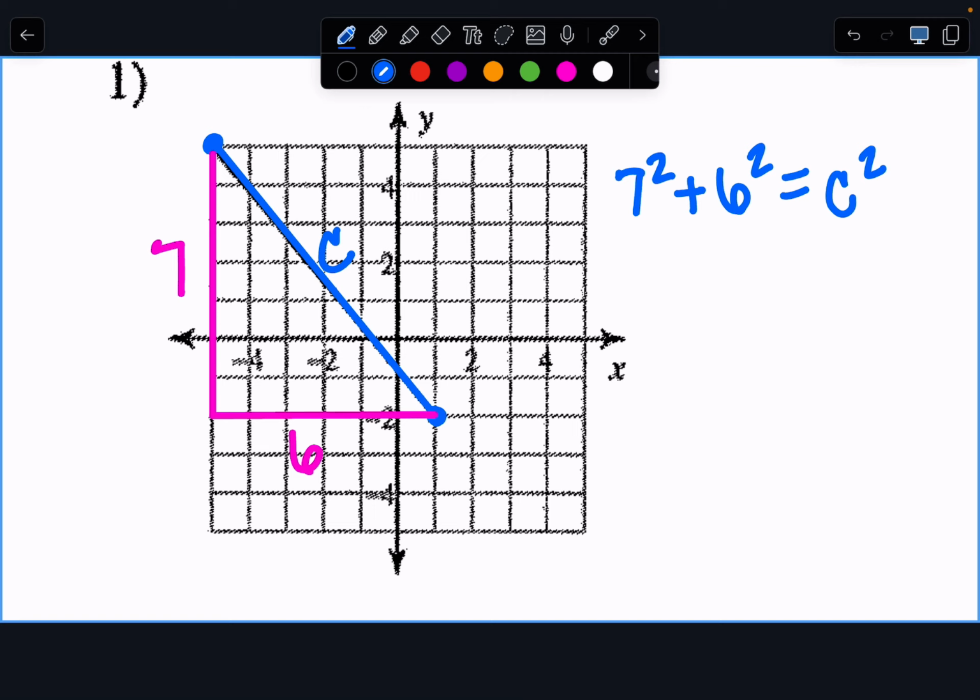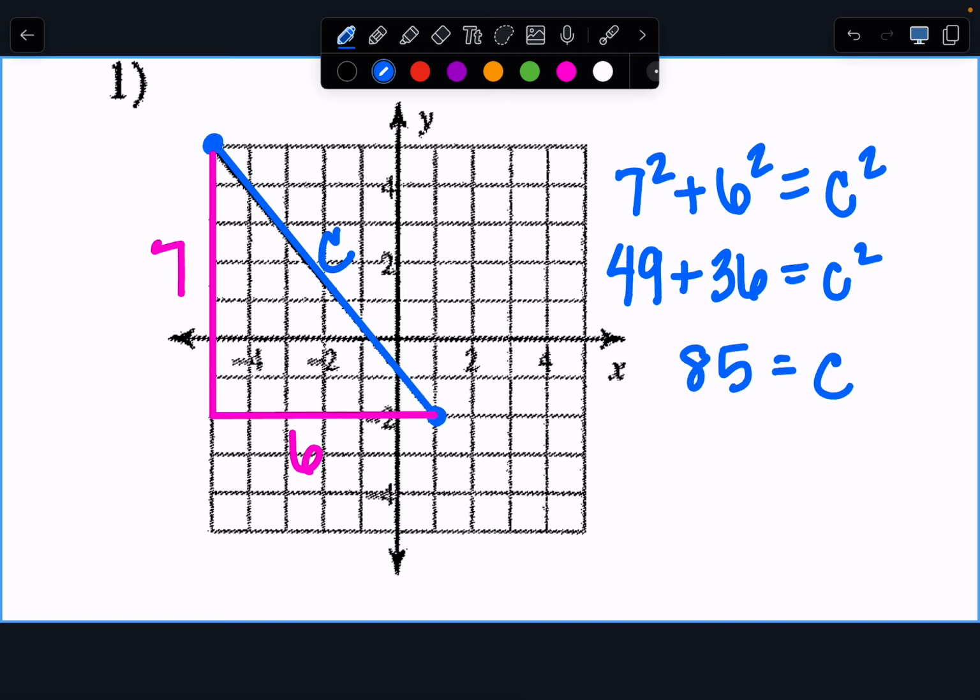Oh, we can do the rest, can't we? 7 squared is 49. 6 squared is 36. Okay, big brains. You need to add 49 and 36. Yes, it's 85. Nope, 85.